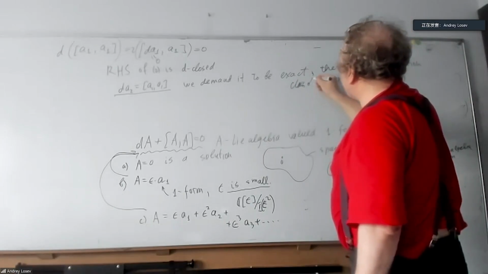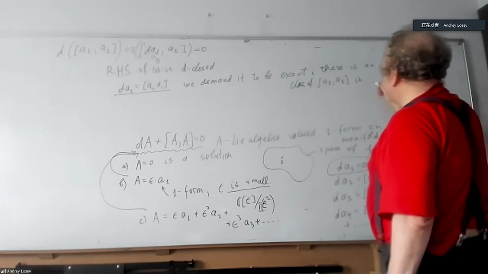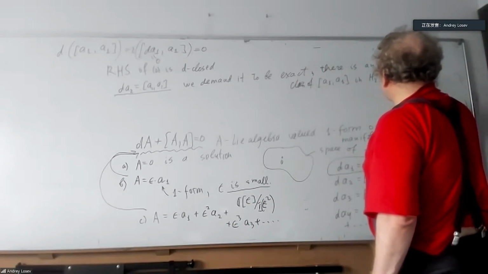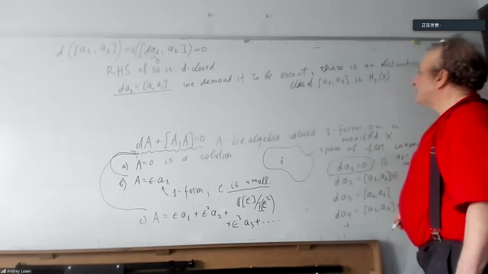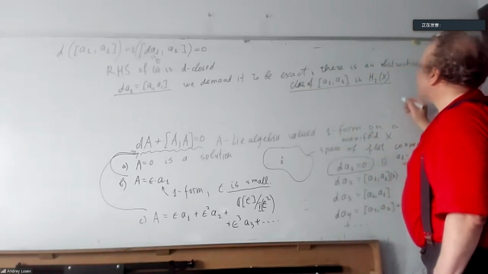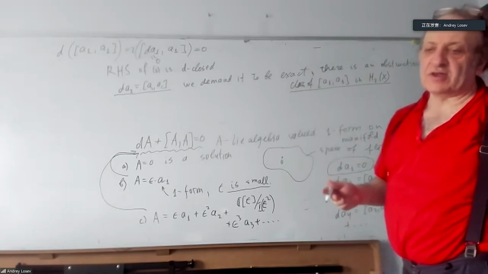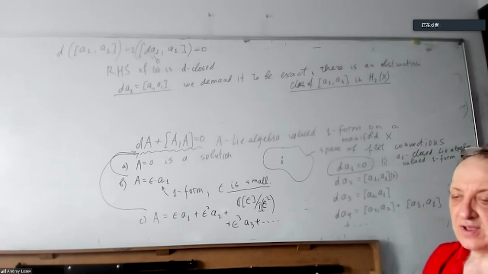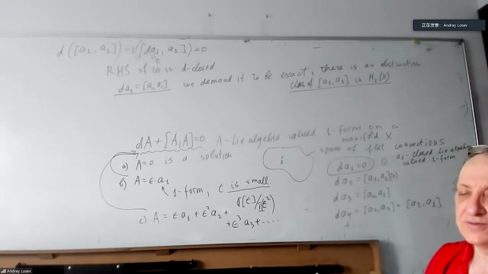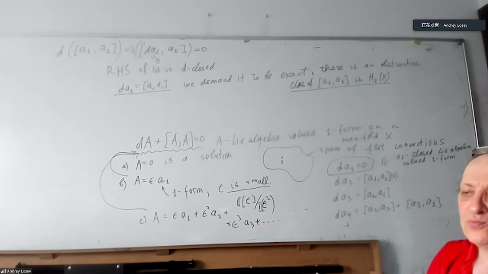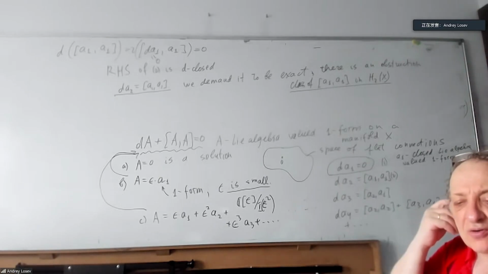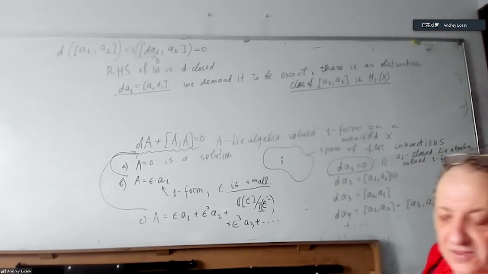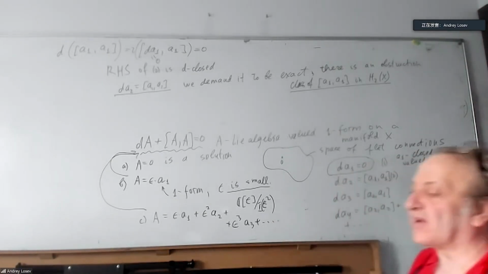It's a class in second cohomology of X. So if there is an obstruction, we cannot go further. If obstruction vanishes, we can find A2, and then we can look about A3, A4, etc. This procedure is known as a deformation theory.